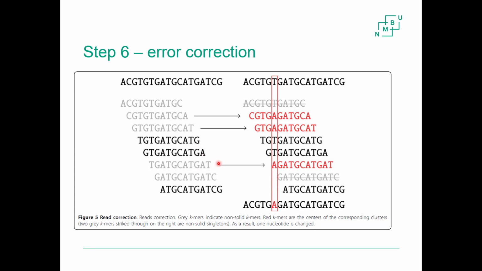What I did not really understand in this figure, and what you can also discuss if you like, is what are these black K-mers here? They are seemingly solid, and they contain this T, this error T, right? How on earth could these be solid? Because they should also belong to some cluster, right?